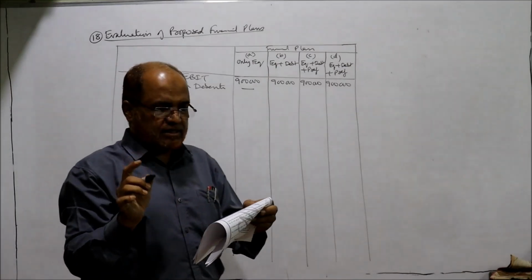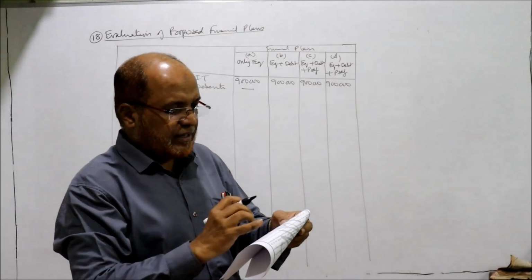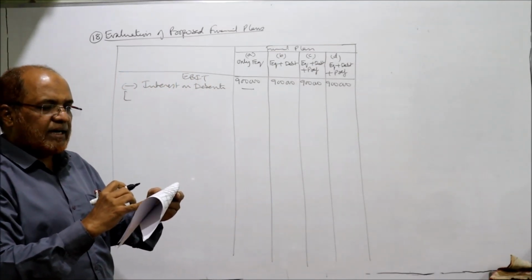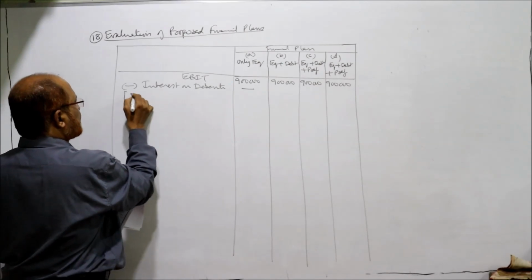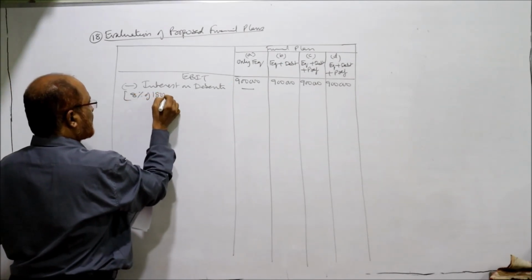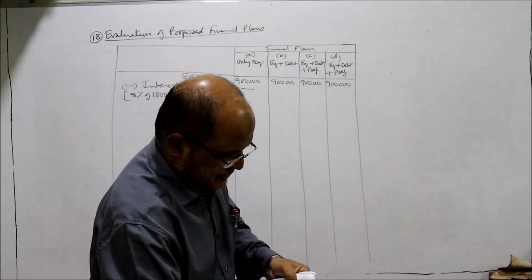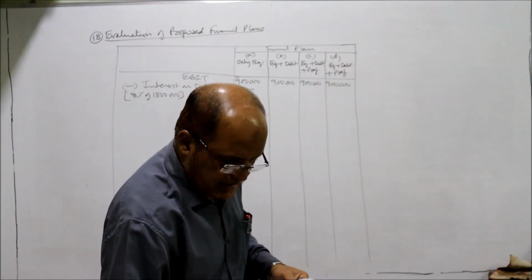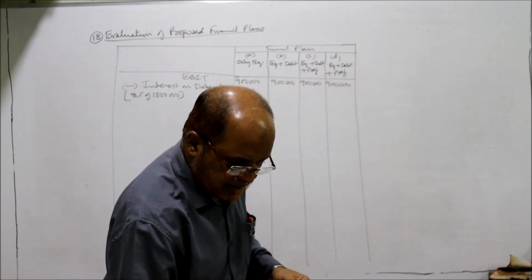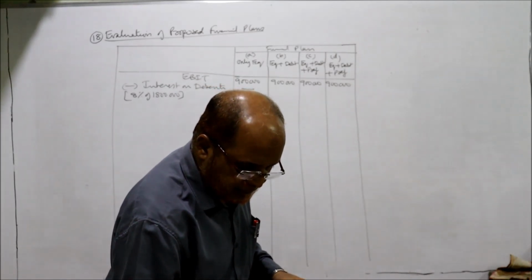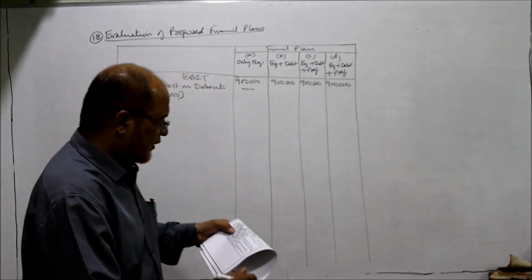Now see the second plan, 50% of the required amount as equity and the remaining as debt. So 18 lakh at 8%, 18 lakh into 8%, 1,44,000.